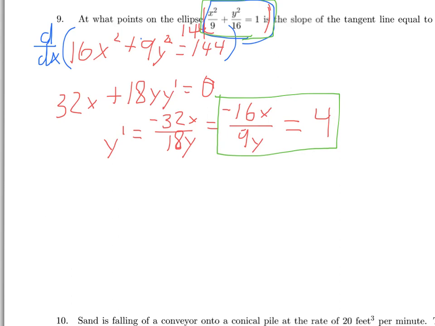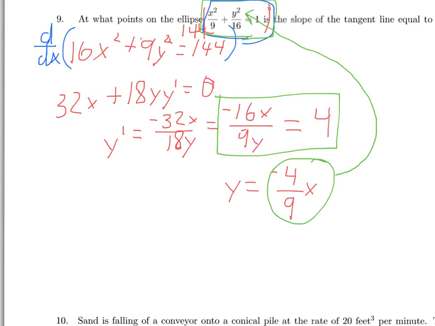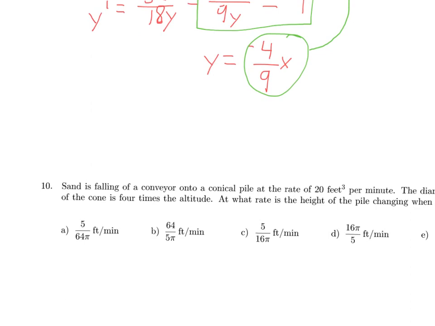I'd change this second equation into y equals negative 4 ninths x, or negative 4x over 9. Then we'd take that and substitute into your top equation. I'll leave the algebra to you. Moving to the last problem.